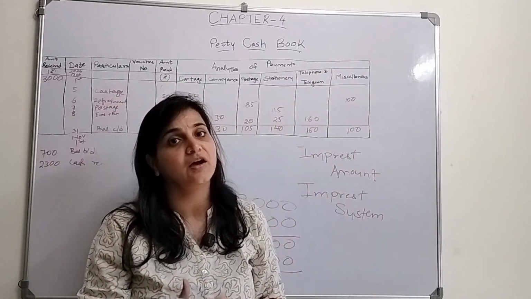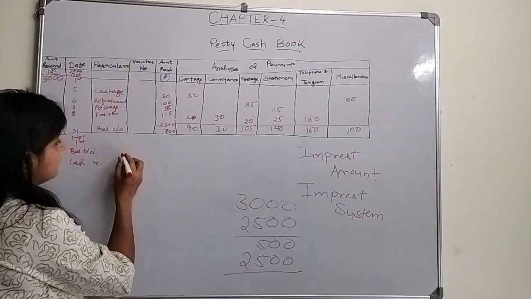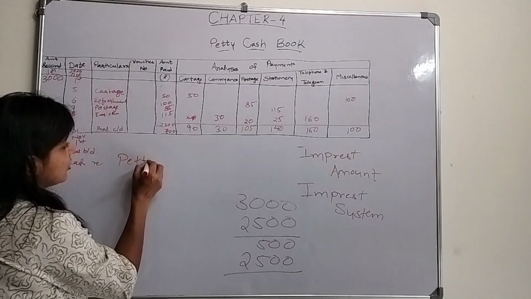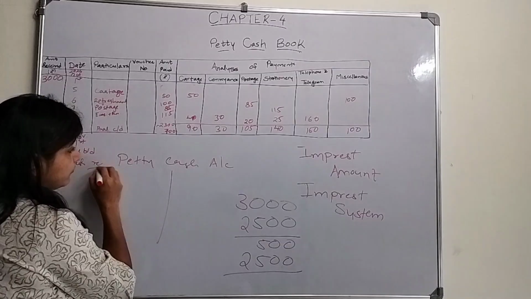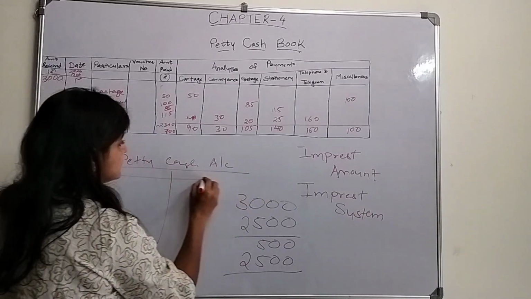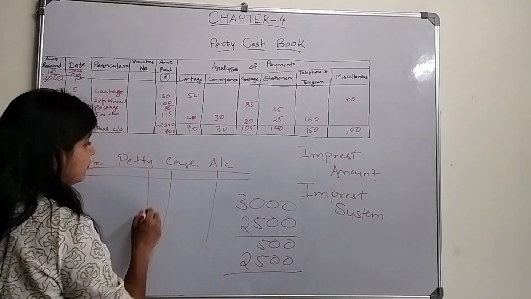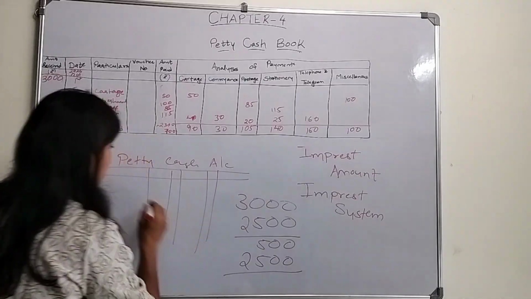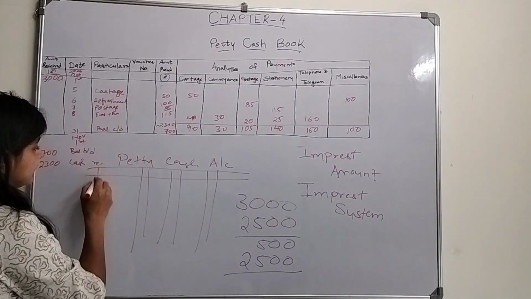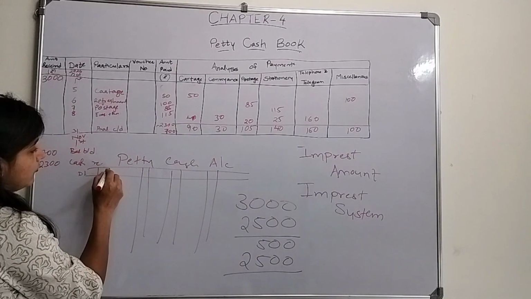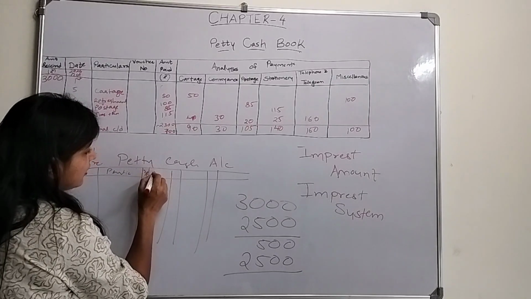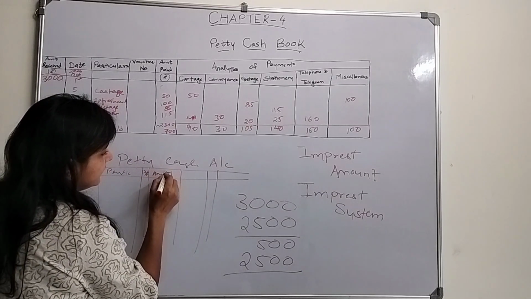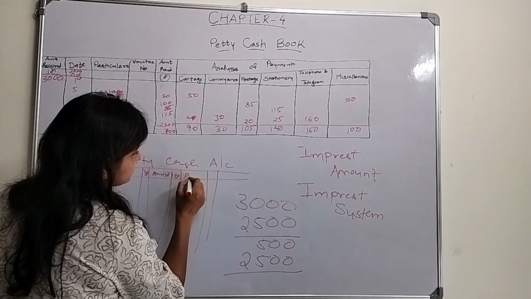So they will prepare one petty cash account, and the way we post in the ledger, similarly we are going to post in the petty cash account, with all the details: date, particulars, JF, amount, rupees, the same way.